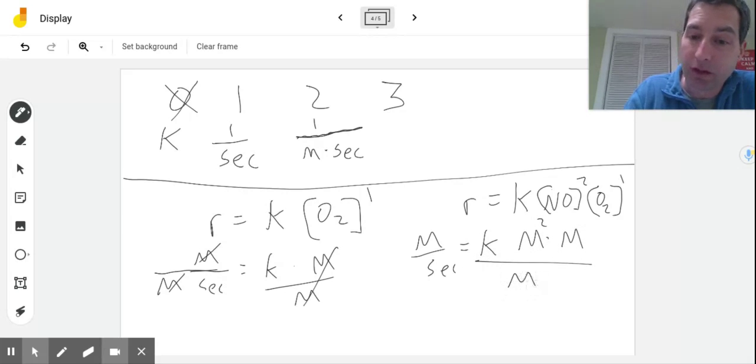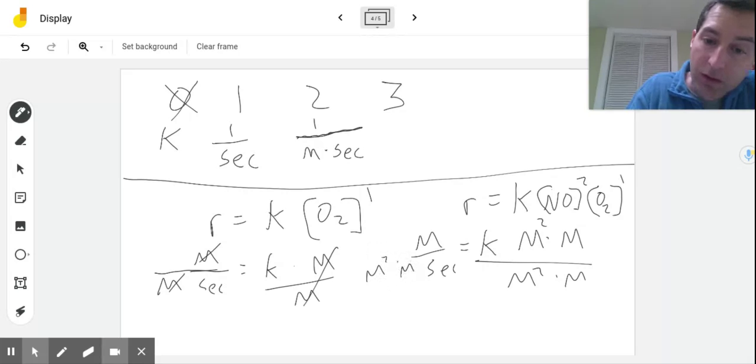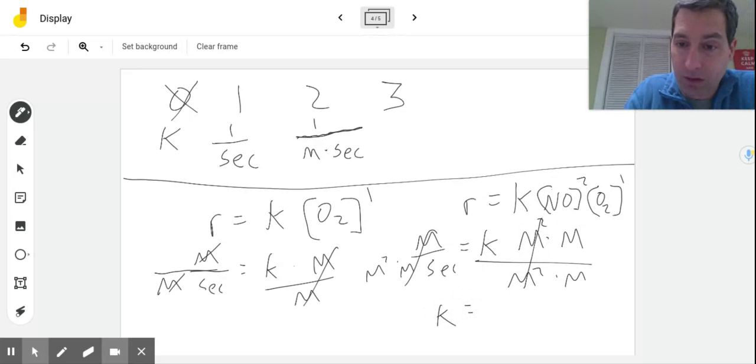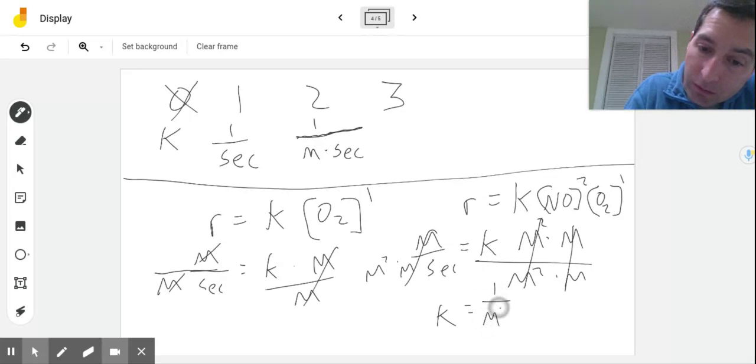Solving for K again, we're going to divide both sides by all the molarities, molarity squared times molarity. And so K will be, let's see, these cancel. We have a molarity squared on the bottom now. So 1 over molarity squared times seconds.